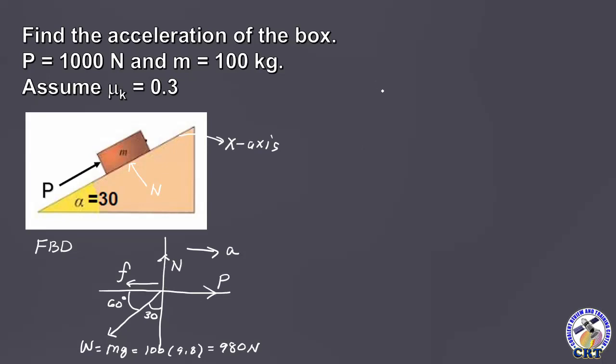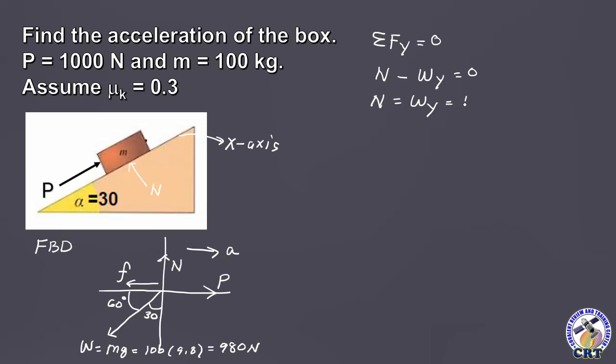Okay, so let's begin. First, let us calculate the value of the normal force by using the summation of the y components equals 0. So let's begin with N. N is going upward, so positive, minus the y component of the weight, W, equals 0. So meaning N is simply Wy.